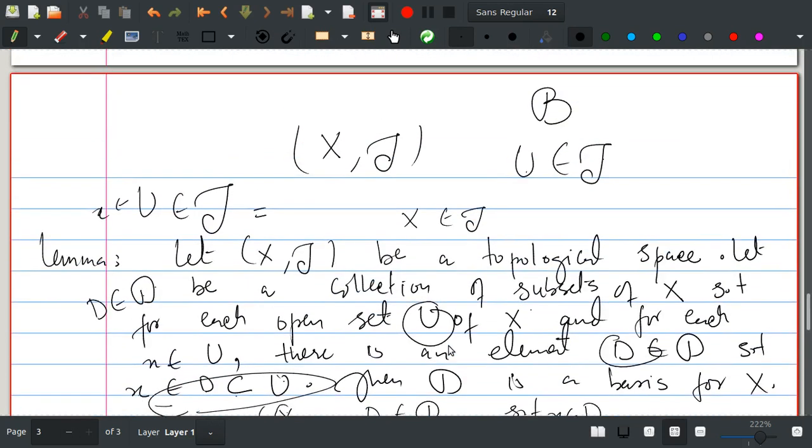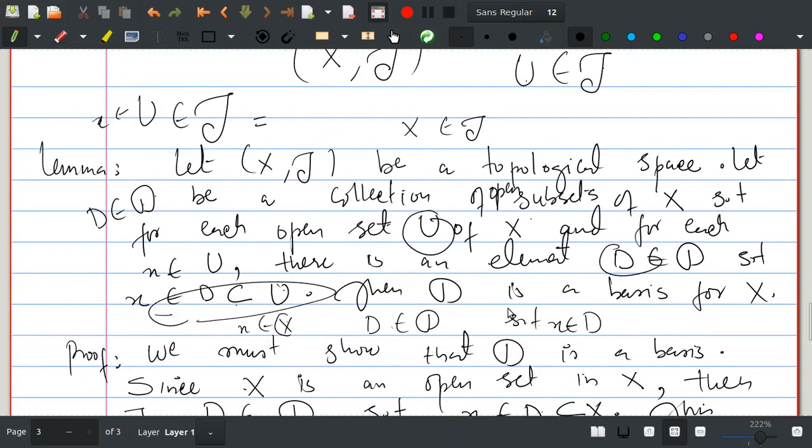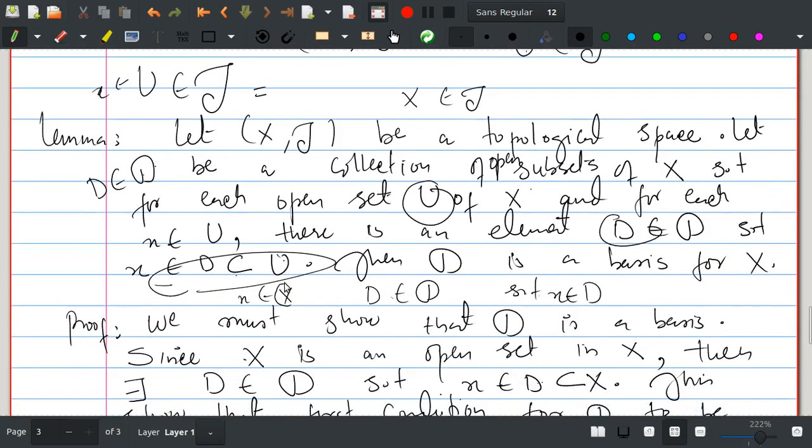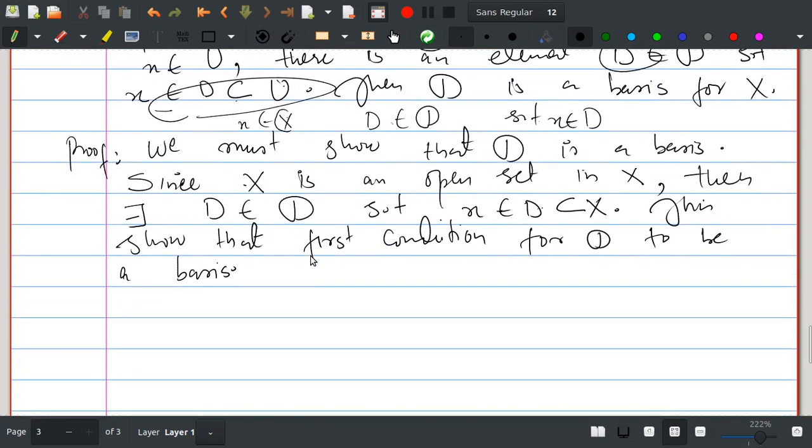Actually, this is the collection of open subsets. Sorry, I forgot to mention this. So this D consists of the collection of open subsets of X. Then this D is a basis if this condition is satisfied.